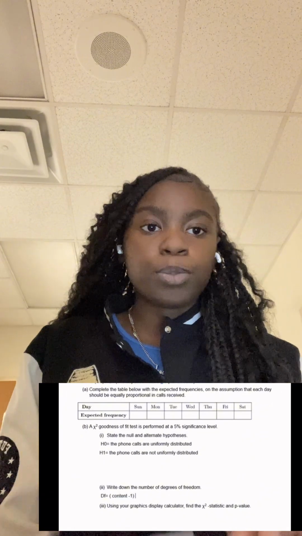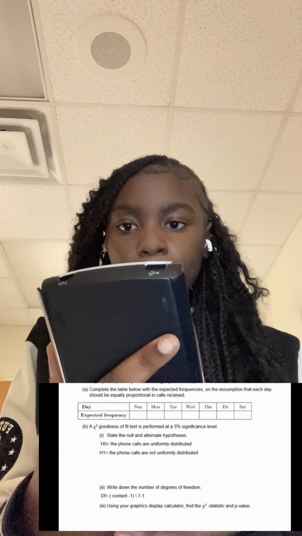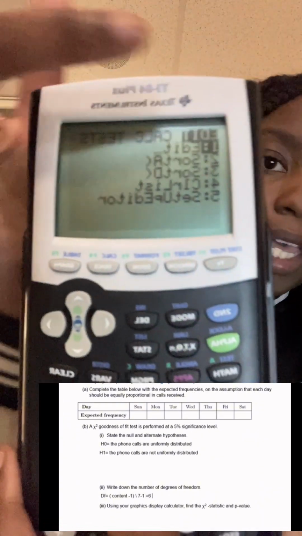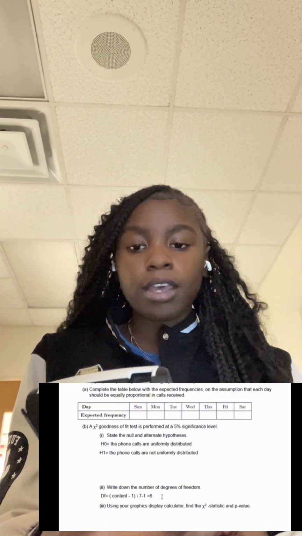Using the graphing calculator, we would go to stat and edit, then add the days and the expected frequency in L1 and L2. Then we go to GOF, list 1 and list 2 will transfer over, and we put in the degrees of freedom to find the answer.